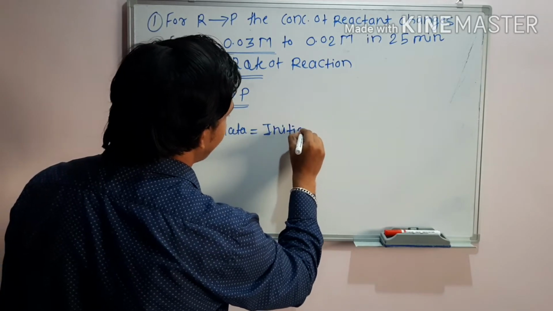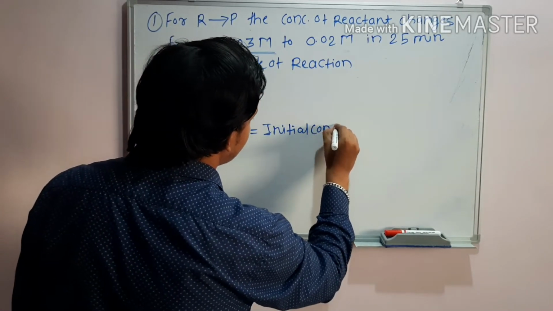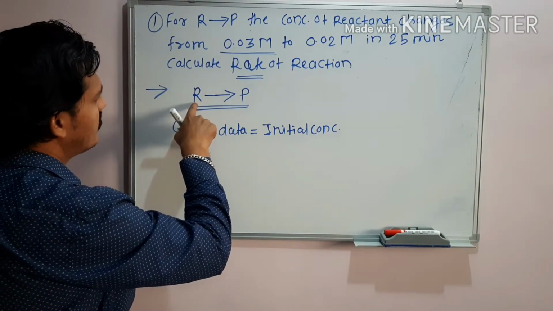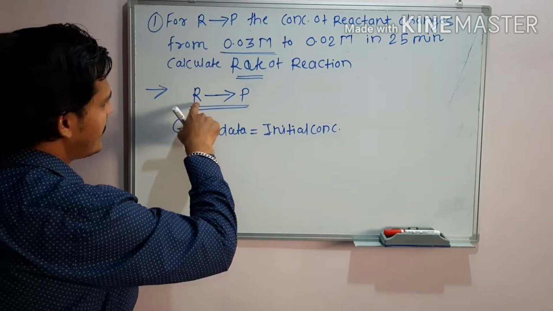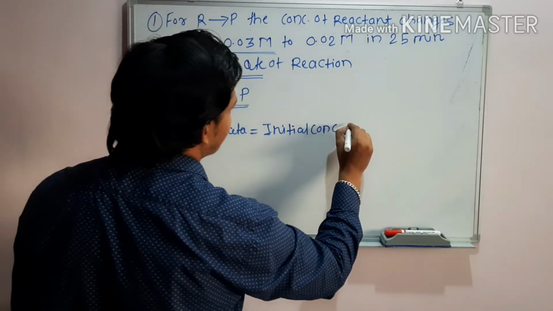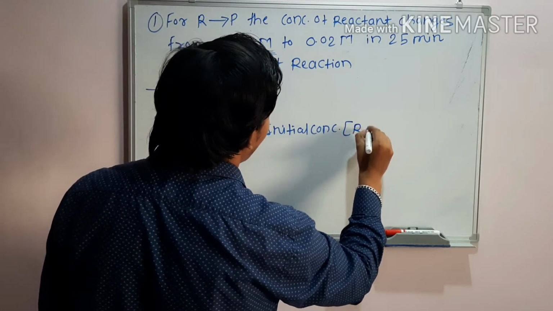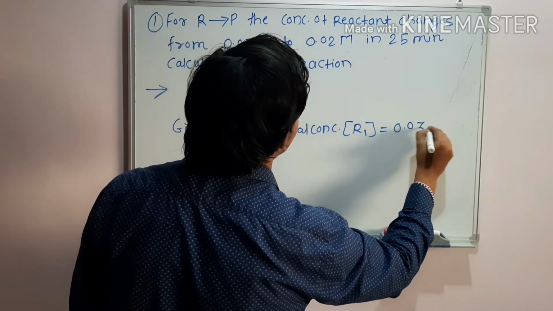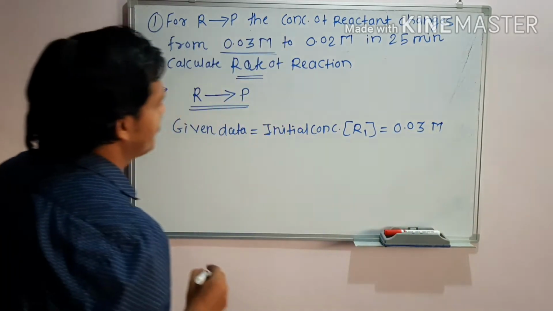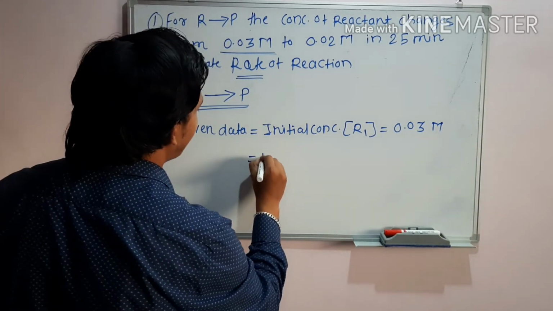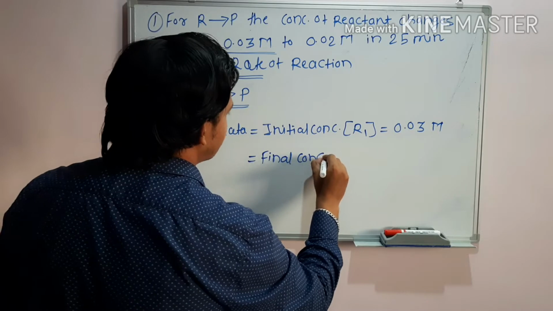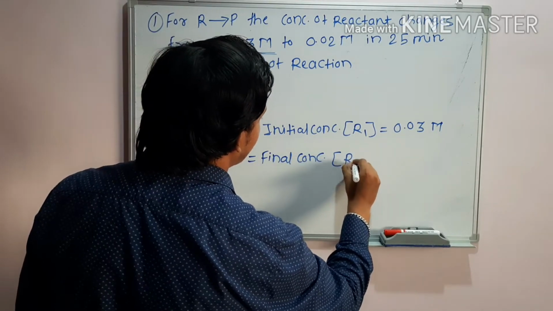Now the symbolic representation: the initial concentration of reactant R is given by the symbol R1, that is equal to 0.03 molar. Now what is the final concentration? The final concentration is R2.